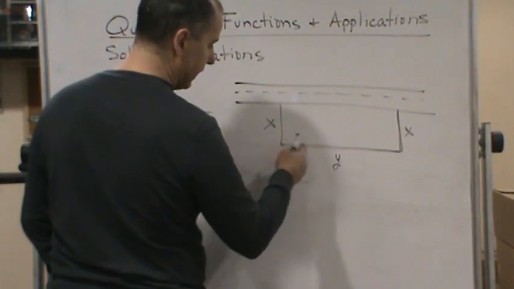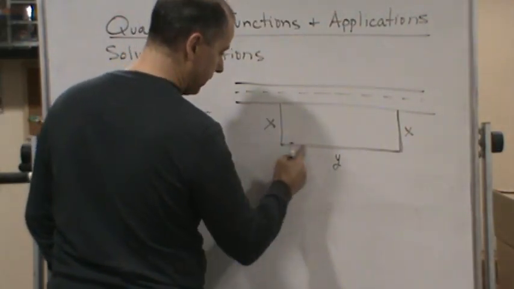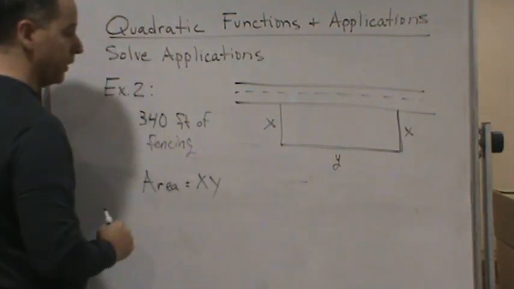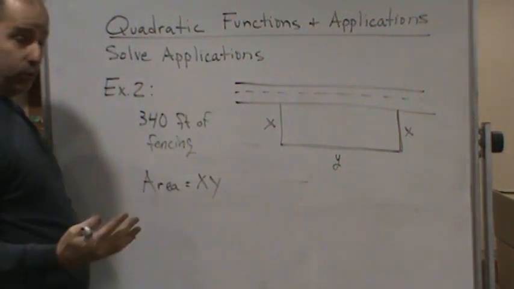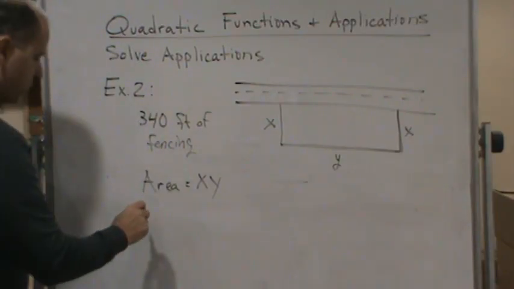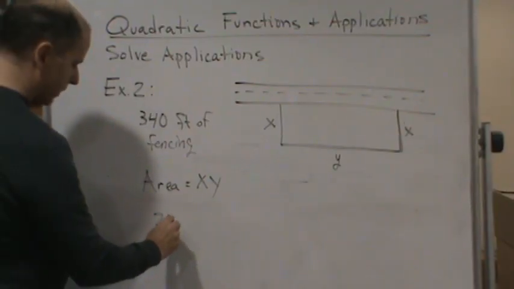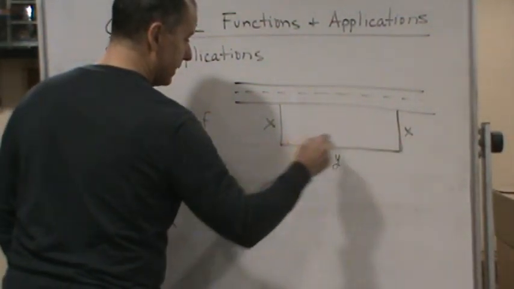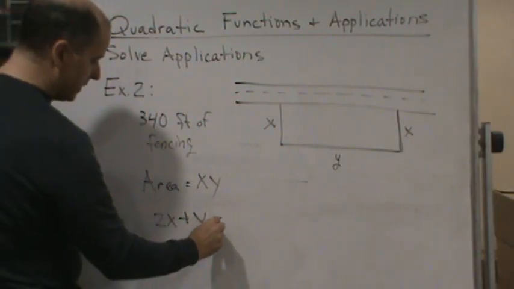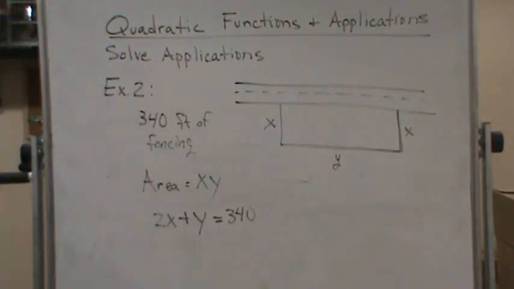The length of these three sides added together must equal 340 feet. So it's going to be 2x, because there's two sides here, plus the third side, y, must equal 340. There's our other equation.